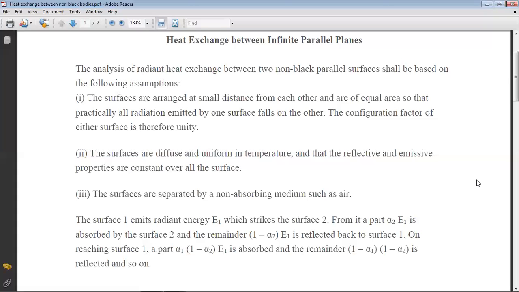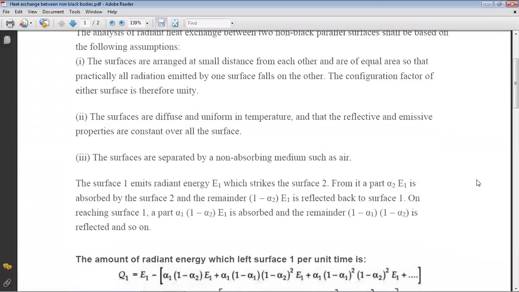Now, in the first case, let us consider the radiant energy E1 is emitted by surface 1 towards surface 2. Out of this emitted energy, surface 2 will absorb a certain amount of energy and reflect the remaining energy.